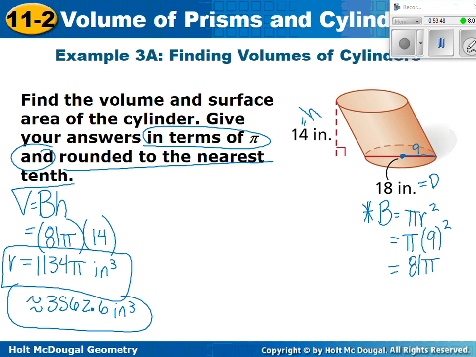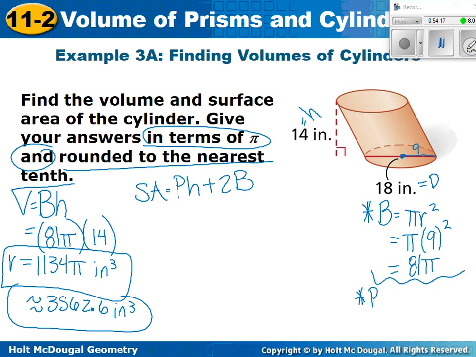Okay, and then again, surface area will be easier because we've already found capital B and we've already found H. So the formula again for surface area, no matter whether it's a prism or a cylinder, is PH plus 2B. So the only thing we need to find is what? Capital P, which stands for perimeter, but since it's a circular base, our perimeter is not really called perimeter, it's called circumference.